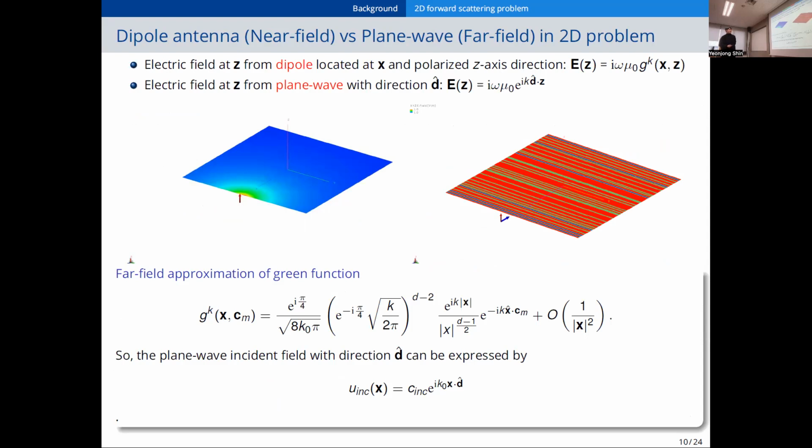But the Green function has the far field approximation like this one. This means that the Green function can be expressed by the exponential part. So the dipole has the plane wave form. In this case, this wave is like a real plane wave.